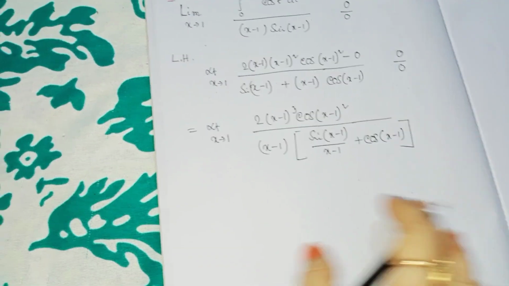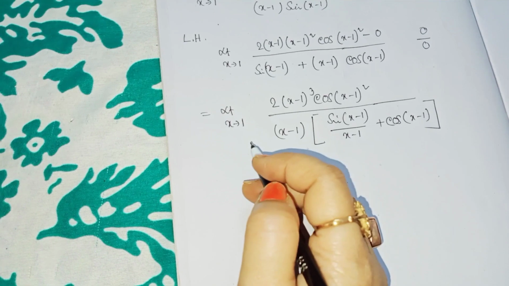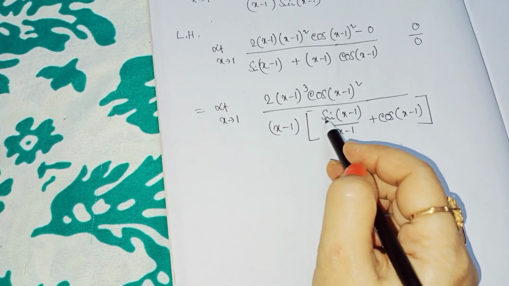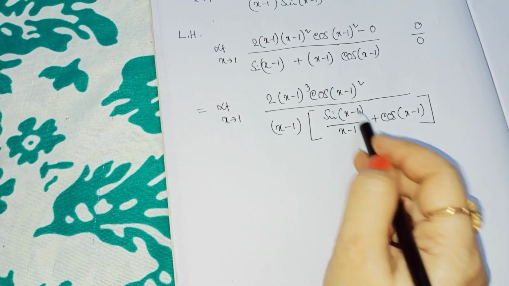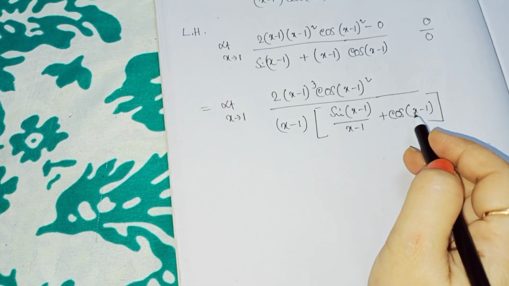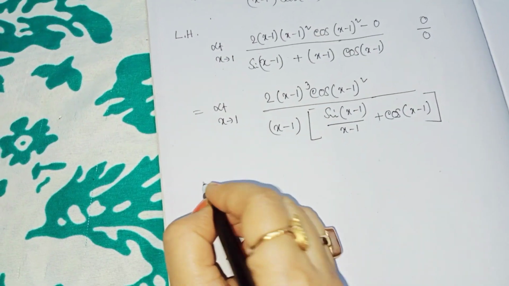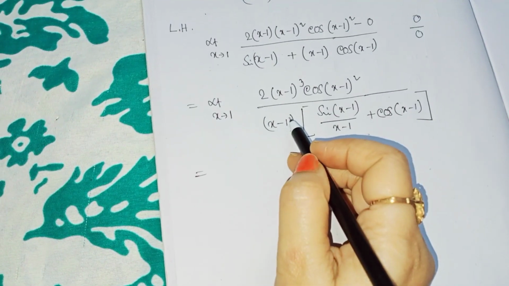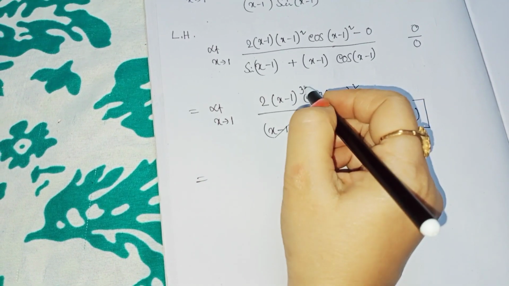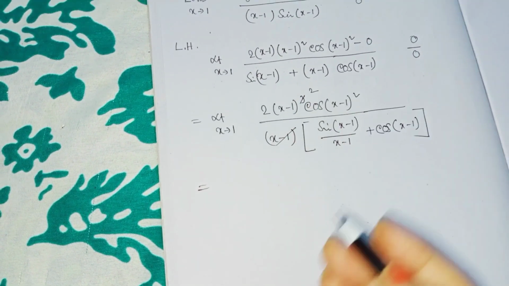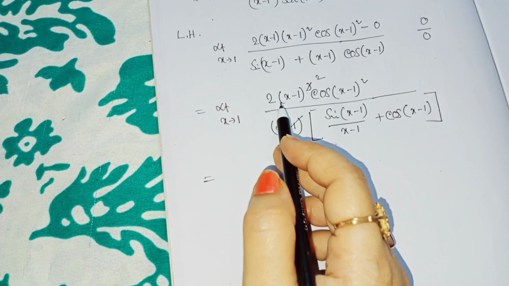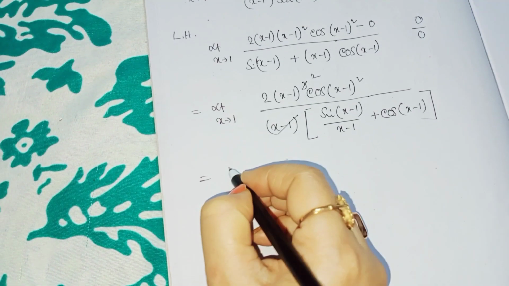Now sine(x minus 1) by (x minus 1) becomes 1 here, and this is cancelled off.